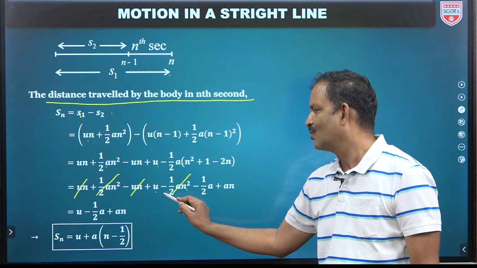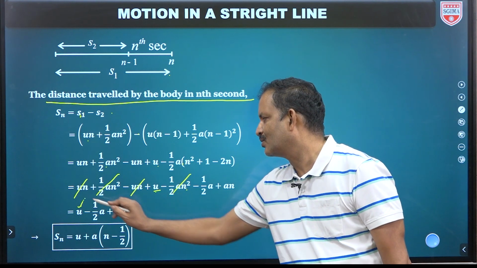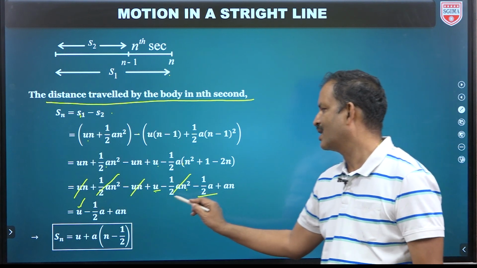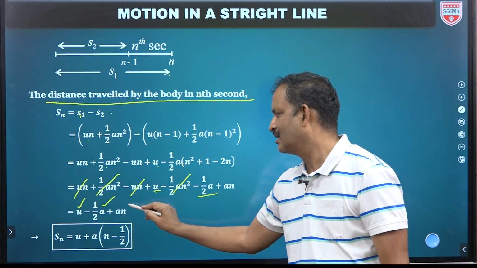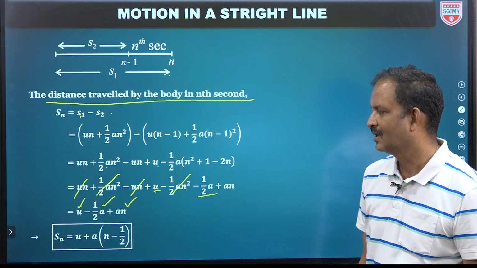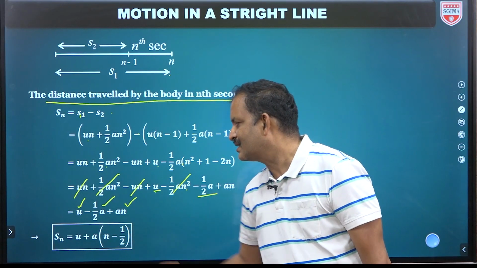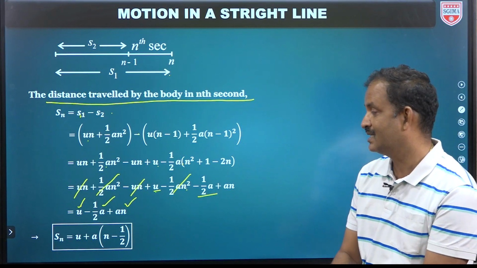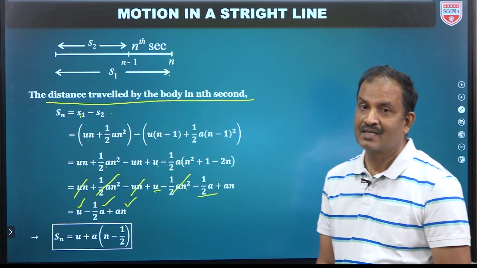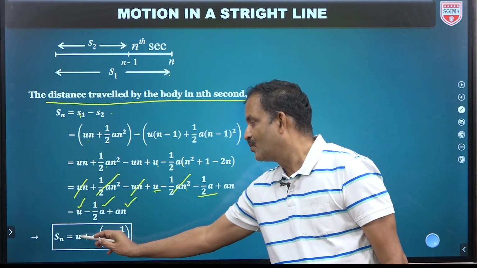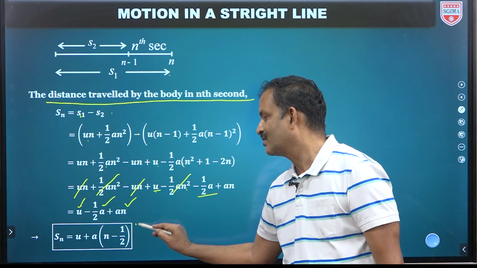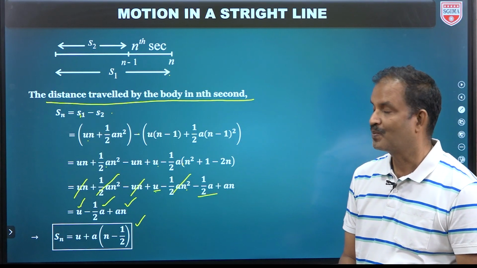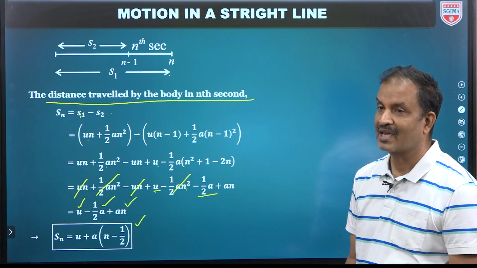Here I have u, here minus half a, and here a n. Then in the nth second, the distance travelled is u plus a into (n minus half).